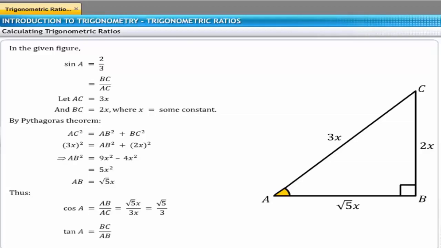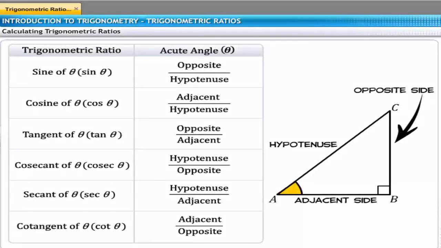Similarly, tangent of angle A is equal to 2x upon root 5x, or 2 by root 5. This brings us to the end of our discussion on trigonometric ratios. Memorize these ratios by heart and try finding these ratios in different right-angled triangles.